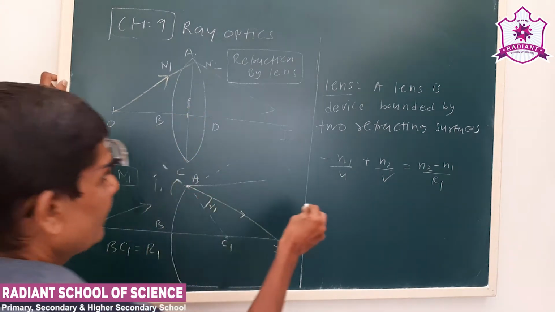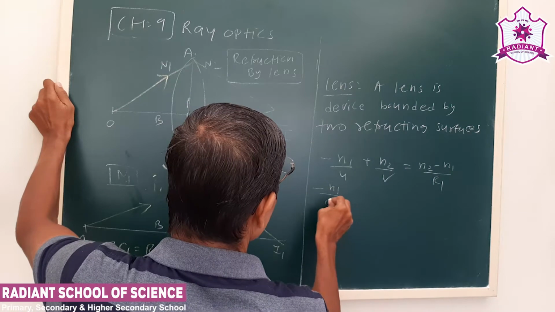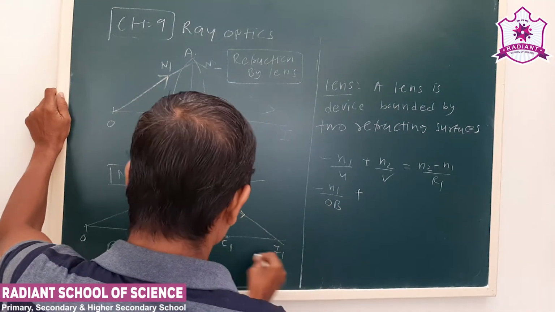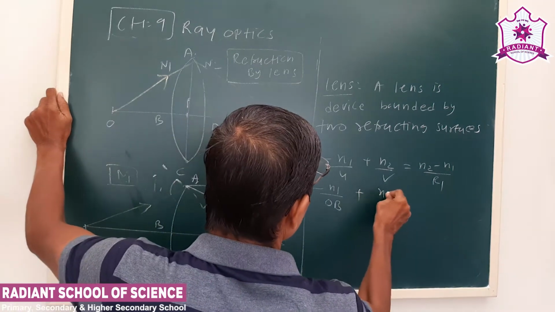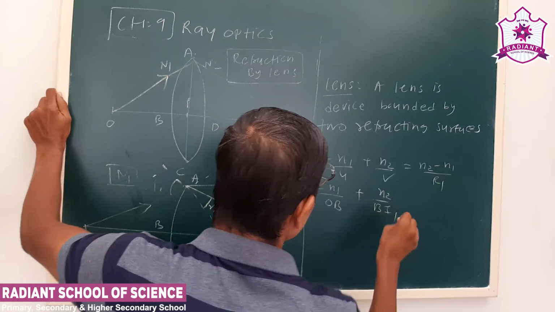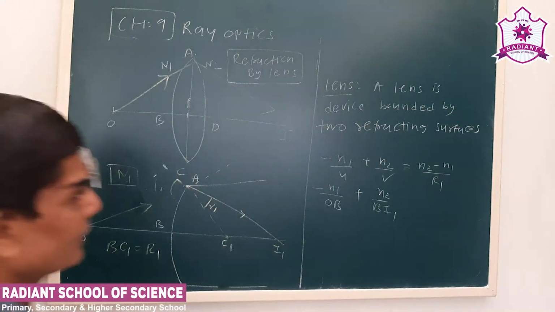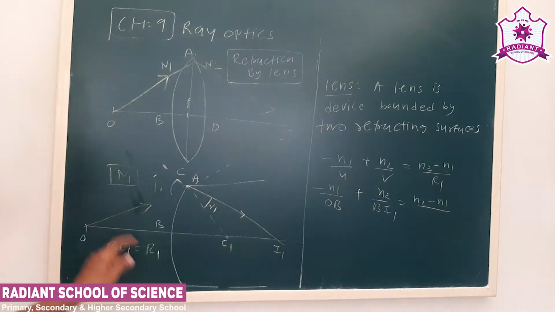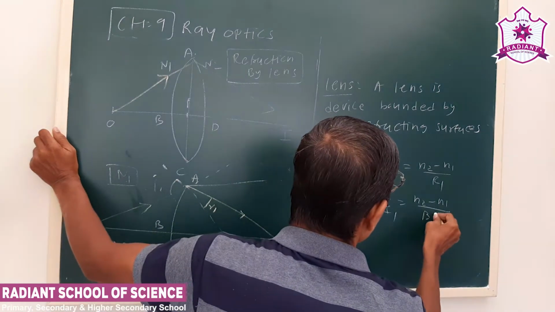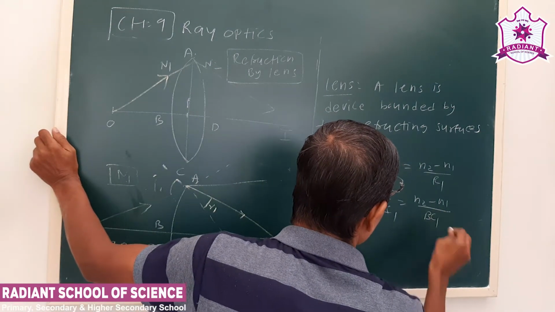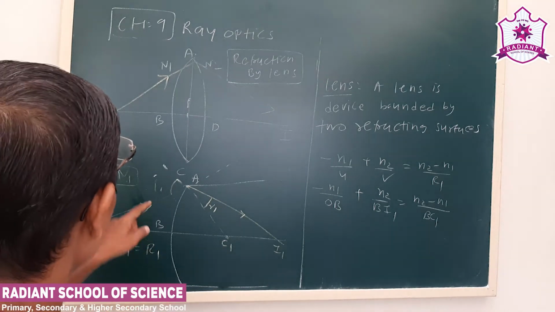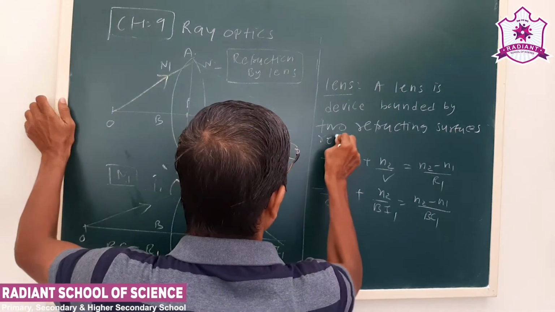This distance OB is U, this BI, let us say BI1, I am calling, and N2 minus N1. This radius is nothing but BC1. So this is the refraction taking place by the N1 surface.